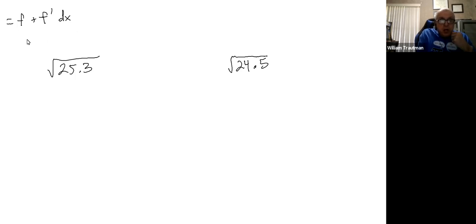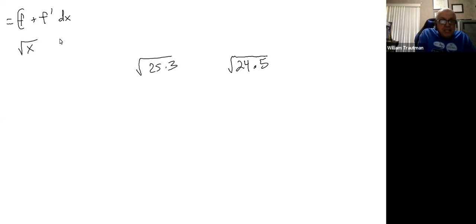By the way, our parent function, this f, if we're talking about the square root, is the square root of x. Another way of writing it is x to the 1/2 power.